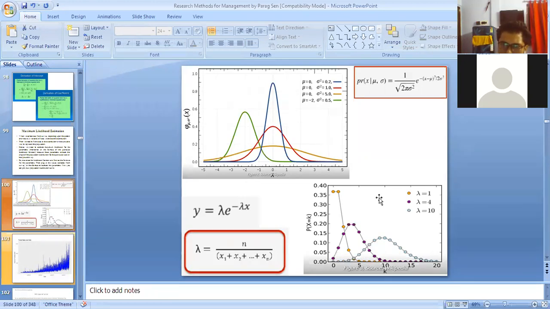One has lambda equal to 1, one has lambda equal to 4, and one has lambda equal to 10. So these values of lambda determine the shape or the type of the exponential distribution. That's why they are known as the shape parameter, because the values of lambda determine the shape of the exponential distribution.